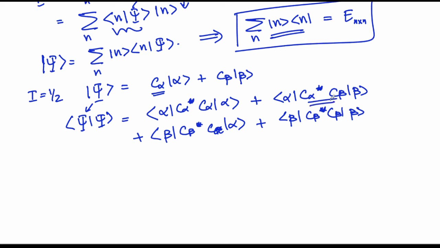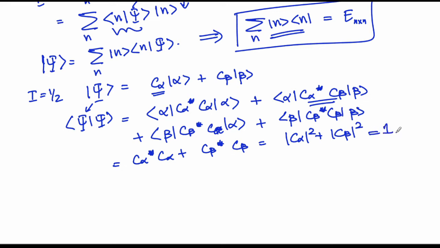Since these are just numbers, you can take them outside, and since we started with an orthonormal basis set, the integral of alpha to beta or beta to alpha will be 0, so therefore these two terms go to 0, and of course these two terms will also end up getting you 1 since it's an orthonormal basis set. So you end up getting something like C alpha star C alpha plus C beta star C beta, which is nothing but mod of C alpha squared plus mod of C beta squared. If you want to normalize them, it's going to be equal to 1.